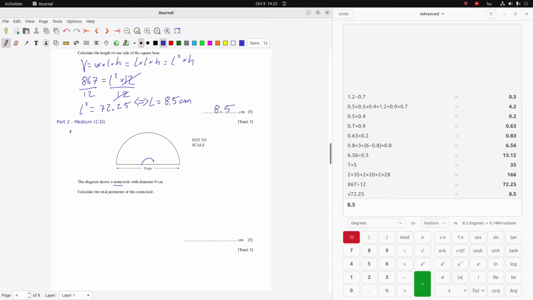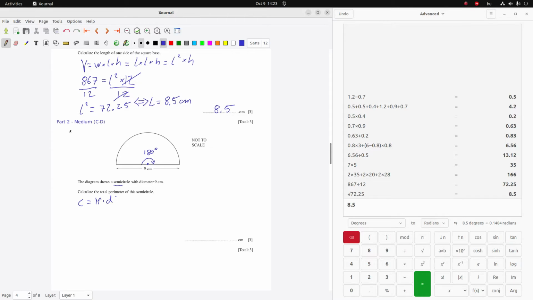Or we could take this angle, which we know is 180 degrees, because it's a semicircle, and divide it by 360. In this case, we also end up with exactly a half. So what's the circumference of a circle again? C is equal to pi multiplied by d.